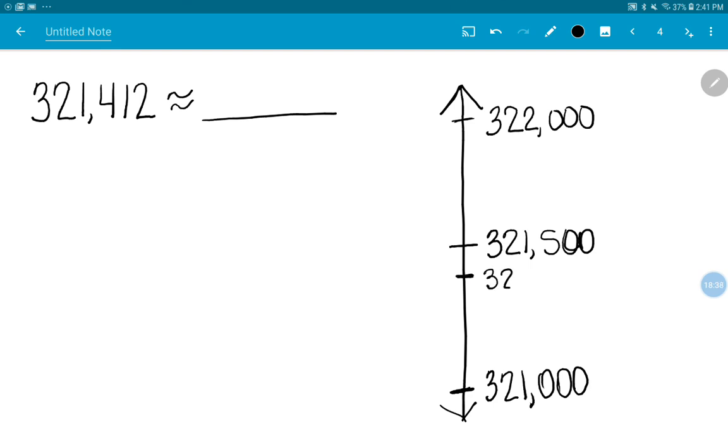Go somewhere around here. 321,412. So is 321,412 closer to my endpoint 321,000 or 322,000? 321,000. Very good.